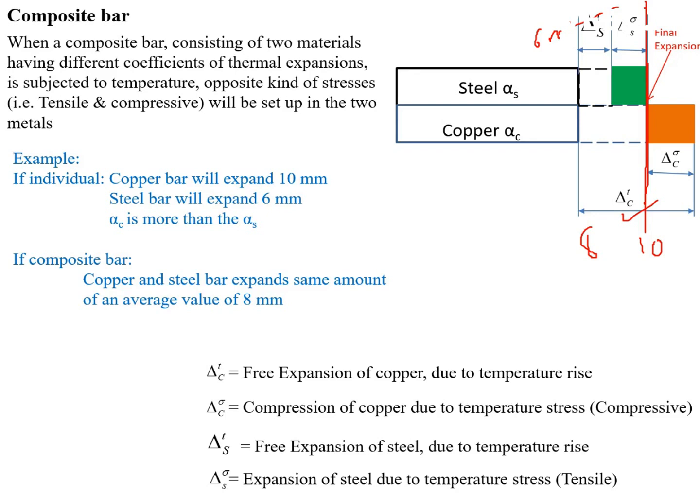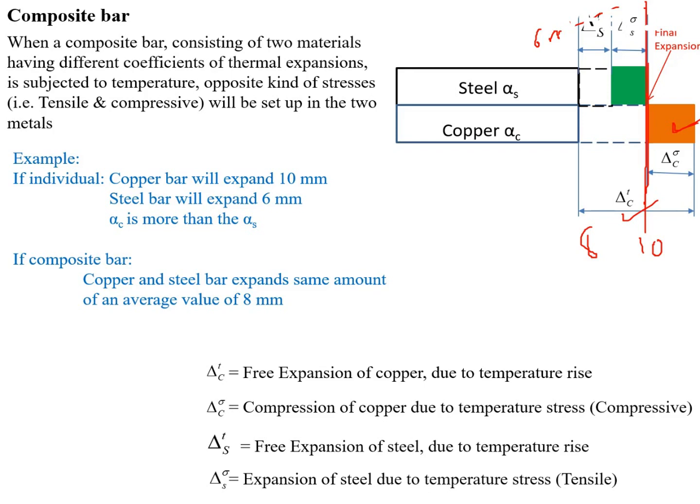So here we have to understand that the copper bar is contracting due to the temperature stress. Actually 10 mm is possible, but it is expanding only up to 8 mm. So contraction is taking place due to these temperature stresses.